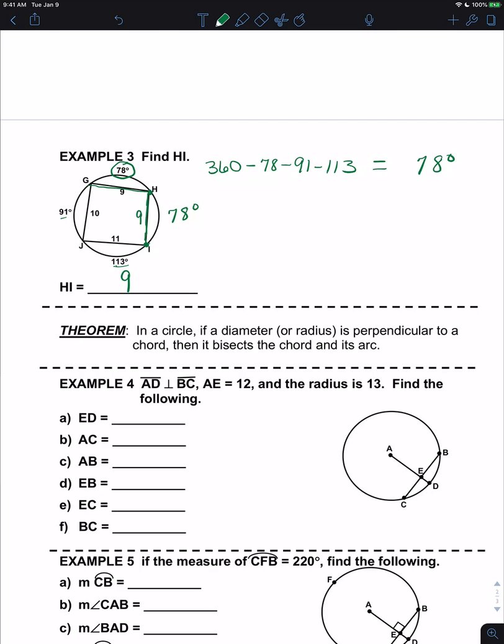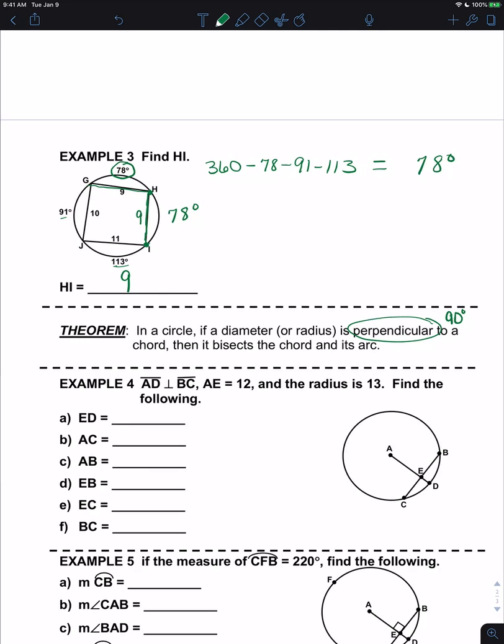Okay, our next theorem tells us if we're in a circle and we've got a diameter or a radius, remember that's from the center out to the edge, and it's perpendicular to a chord, and remember that word perpendicular means it creates a 90-degree angle.